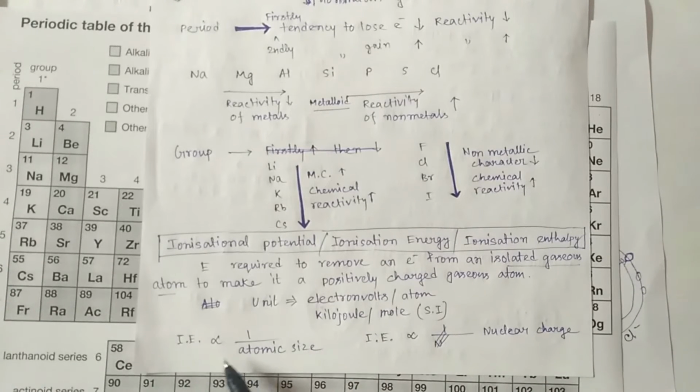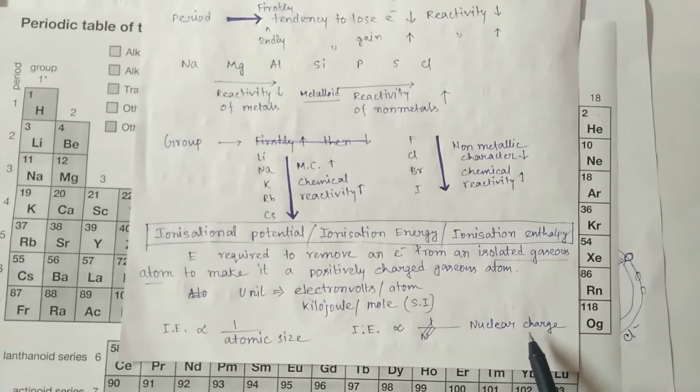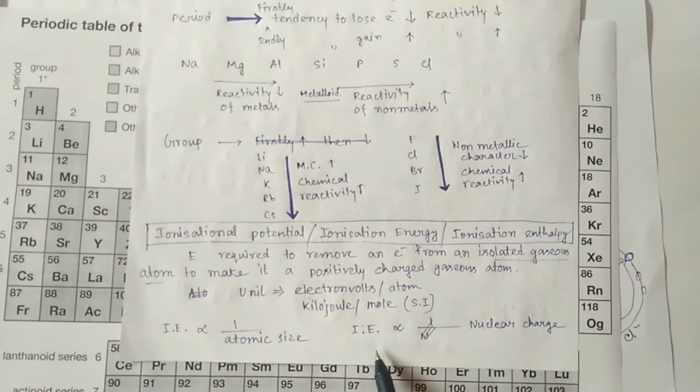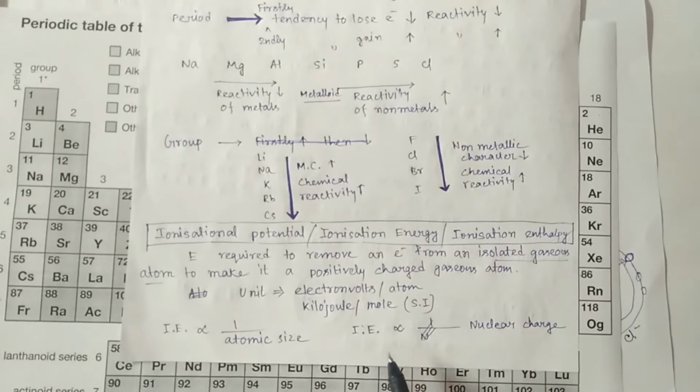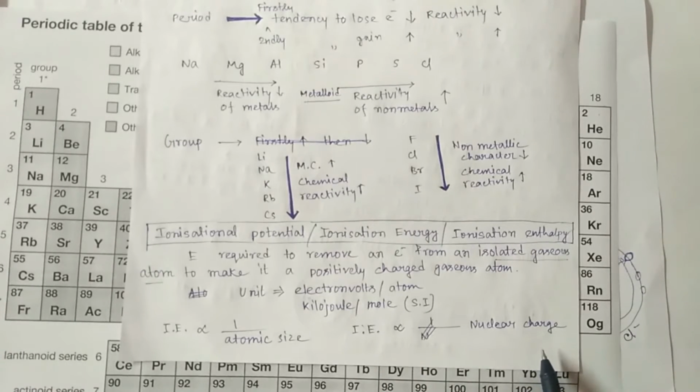That is why its ionization enthalpy will be reduced. Again, ionization potential increases with nuclear charge, for example going along a period from left to right, we find that the effective nuclear charge is increasing from lithium to fluorine.